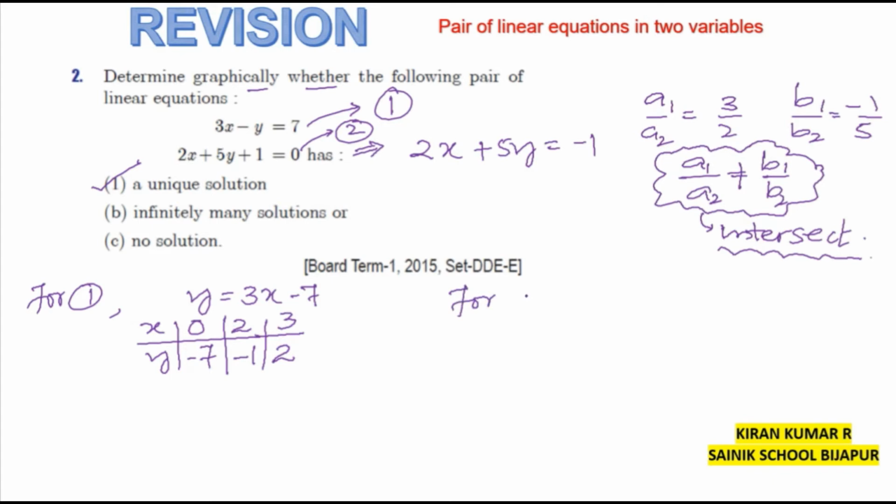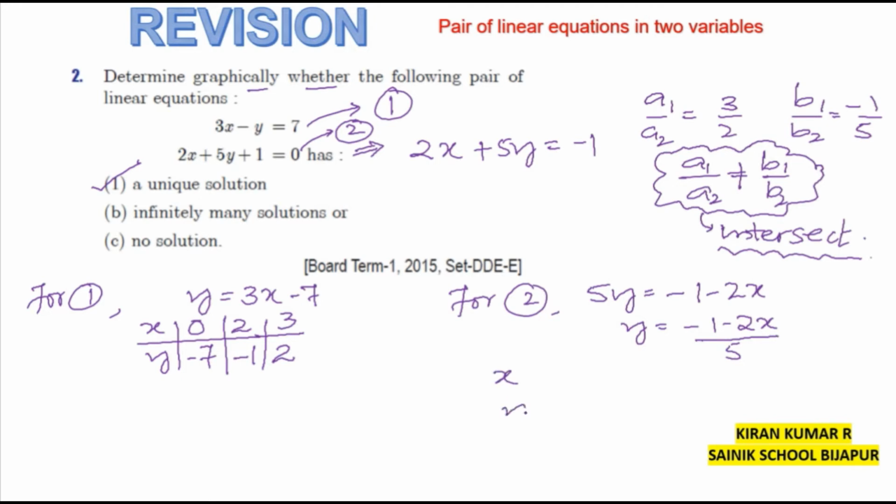For equation 2, we have 5y equal to negative 1 minus 2x. So y will be (minus 1 minus 2x) divided by 5.